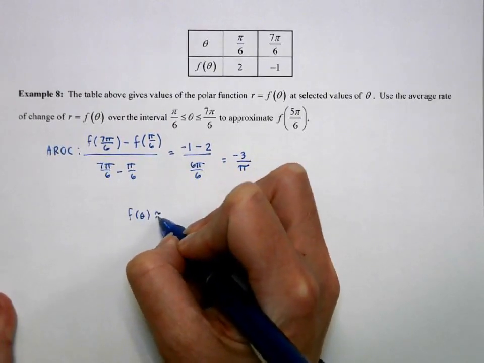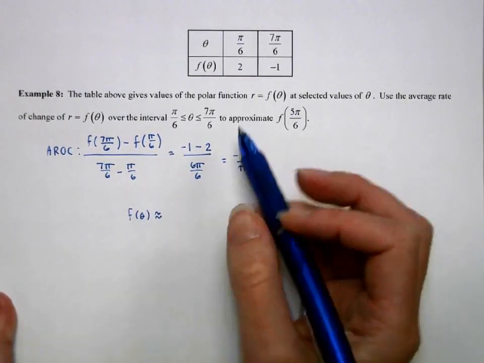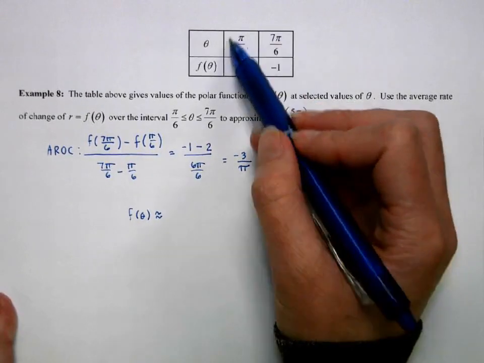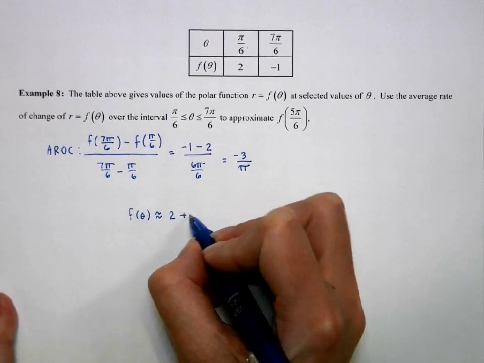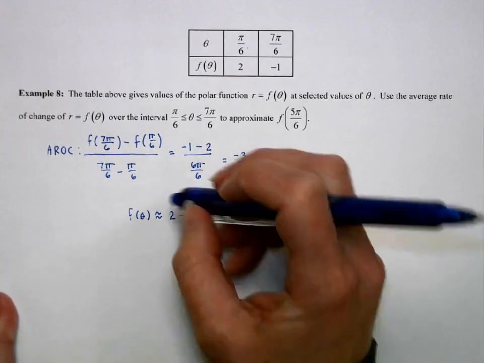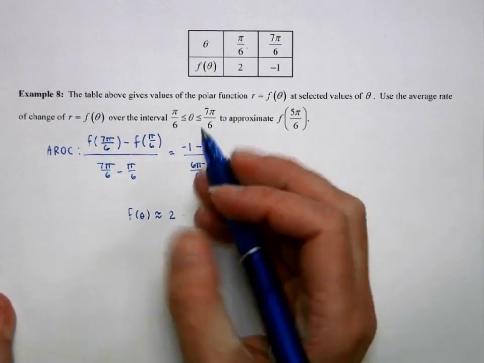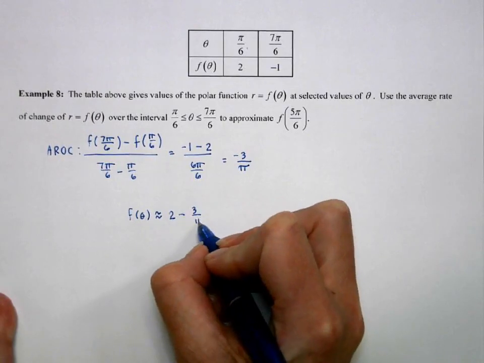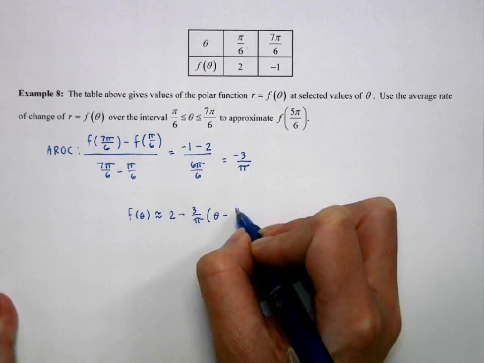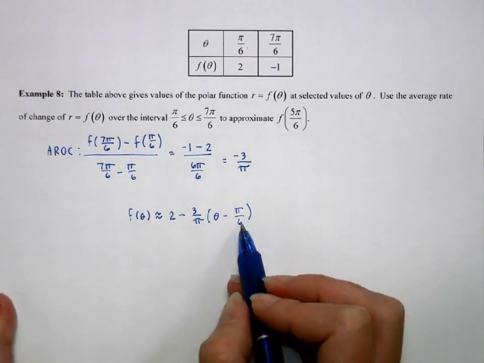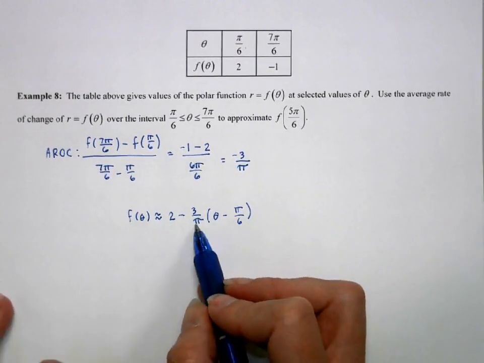I'm just going to use this one. So my function value is 2 plus my slope. Oh, my slope's negative, so we'll make this minus 3 over pi, and then in parentheses, theta minus pi over 6. So here's my point, there's my slope, and then we're going to predict what happens at 5 pi over 6.